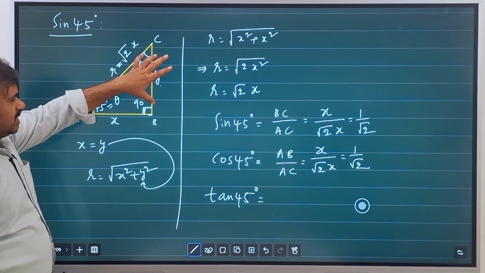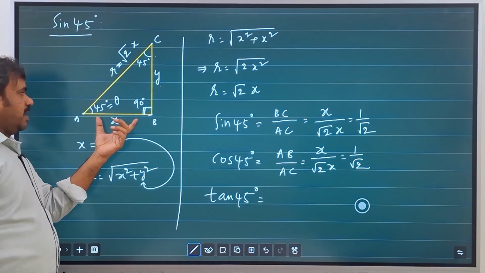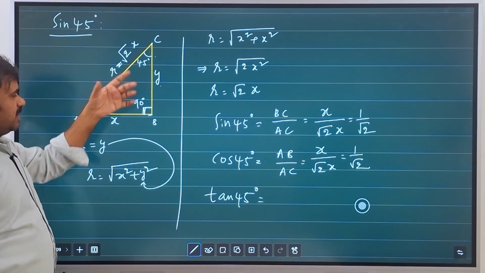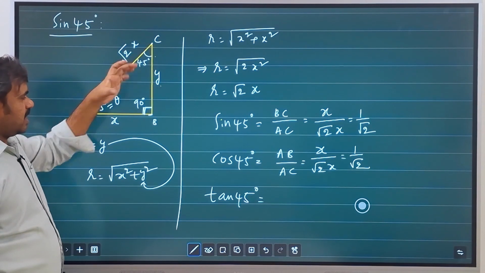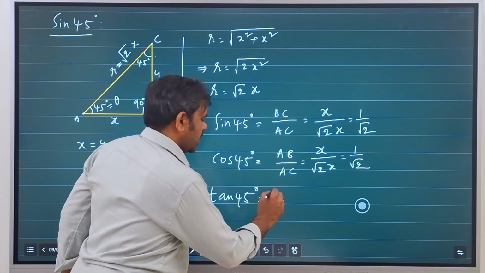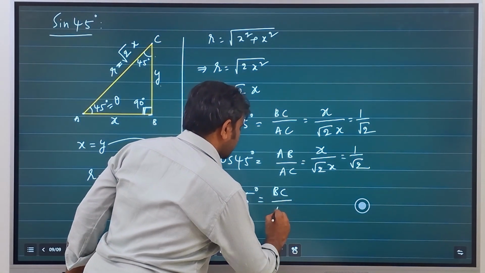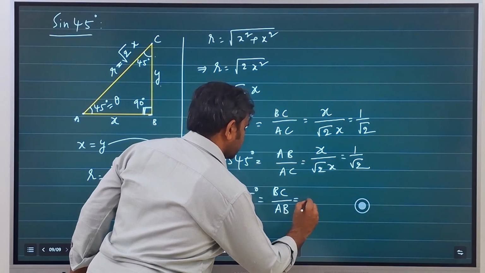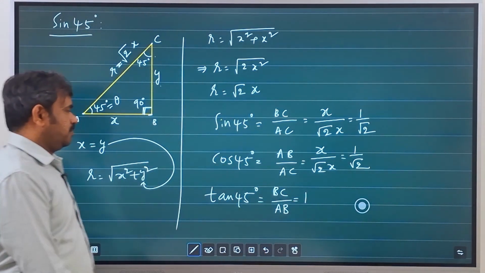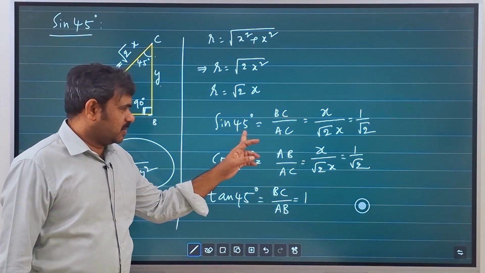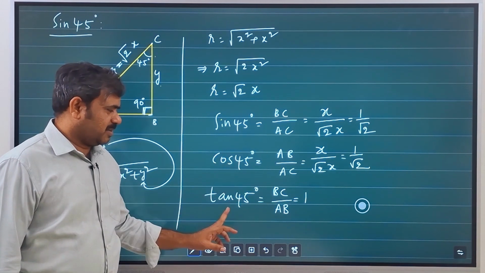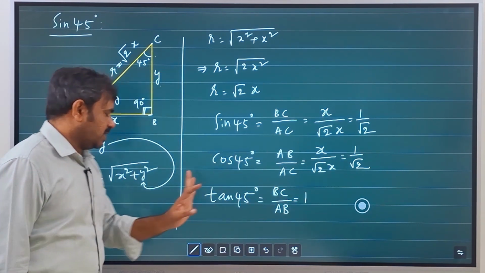Tan 45 degrees is opposite side by adjacent side. Opposite side and adjacent side are equal. So tan 45 degrees is equal to 1. BC divided by AB is equal to 1. Okay. So we got the values of sin 45 degrees, cos 45 degrees and tan 45 degrees here.